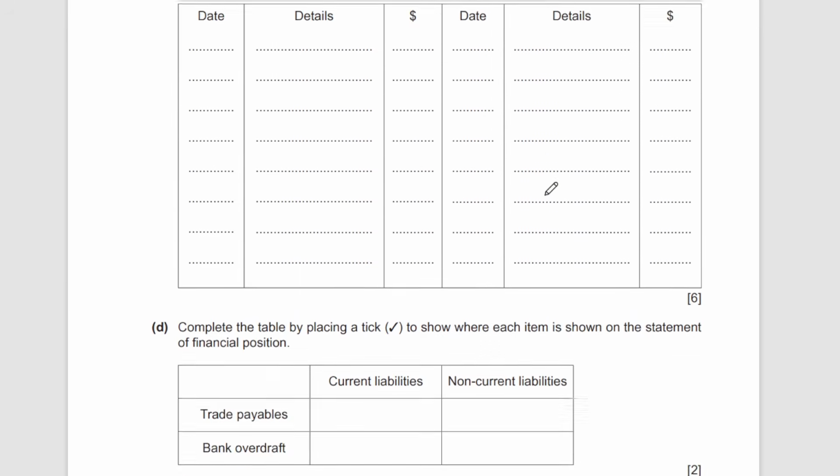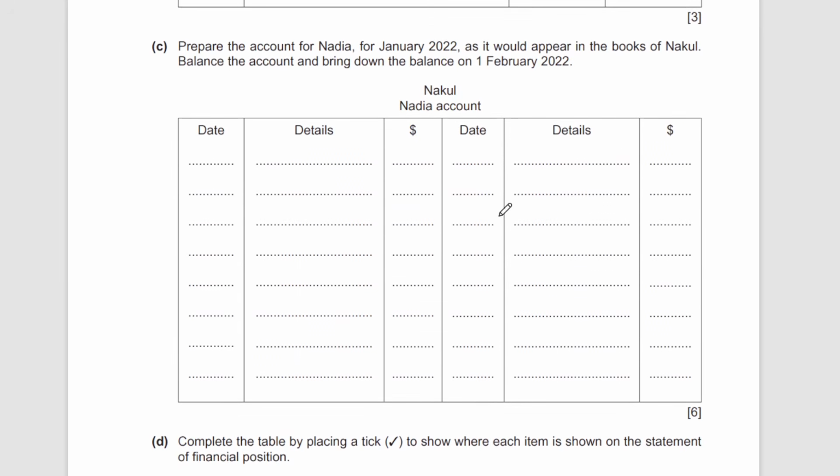So in this case, from the perspective of Nakul, the customer is Nakul, and Nadia is the supplier.